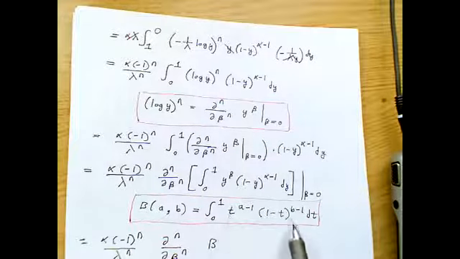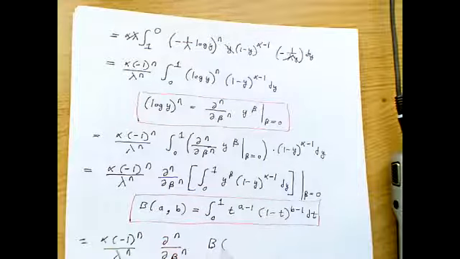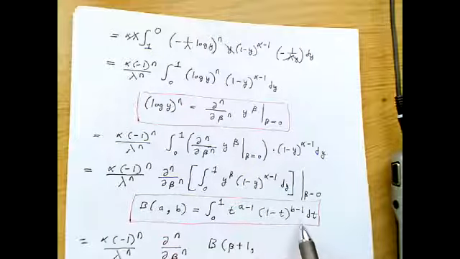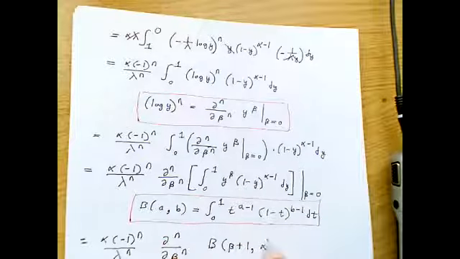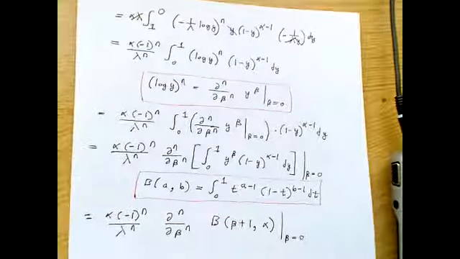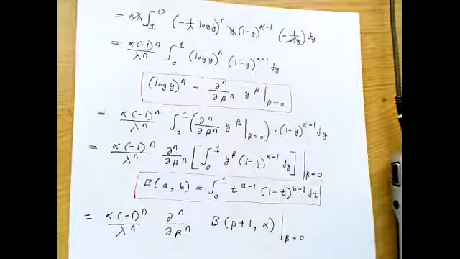According to this definition, what you have here is a beta function at a equal to beta plus 1, and b equal to alpha. Okay, so that completes part 3 of the tutorial sheet.